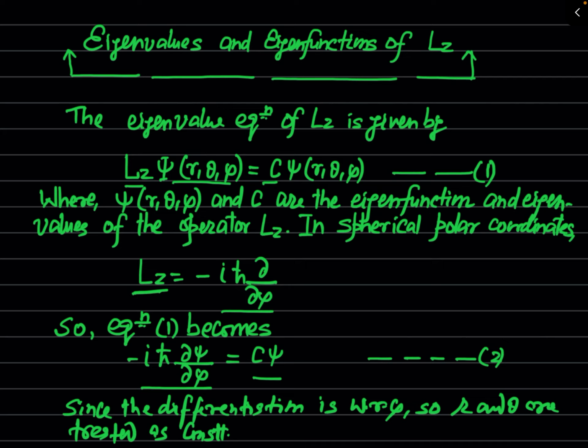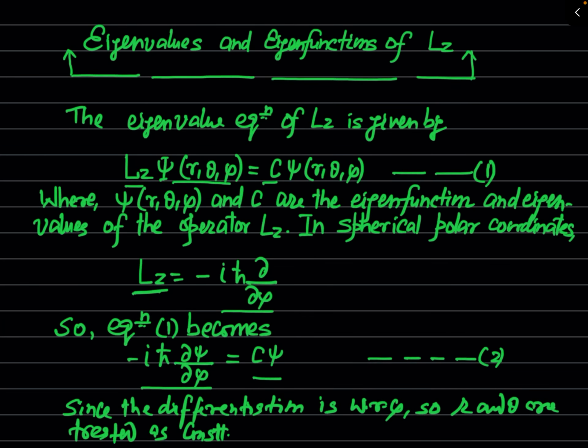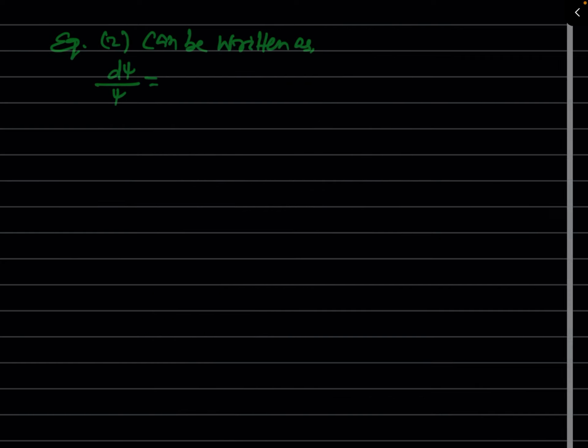So in this condition, equation 2, after some rearrangement, can be written like this: d psi by psi equals C over minus i h bar d phi.